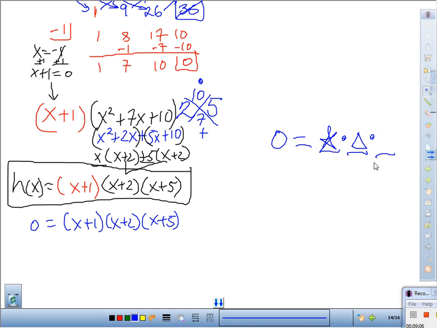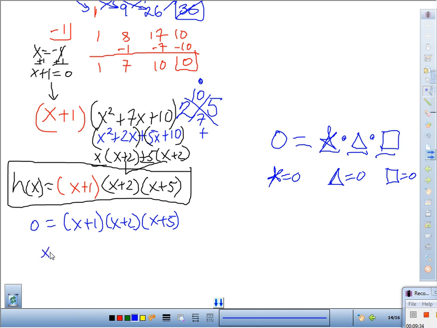Or this one could be 0. So what does that mean, Mr. Q? That this could be 0, or that could be 0, or that could be 0, because it's a product or zero product property. So this could be 0, this could be 0, and this could be 0. Do you agree with that?